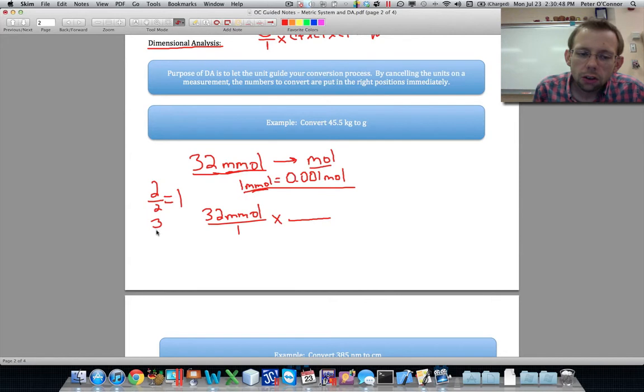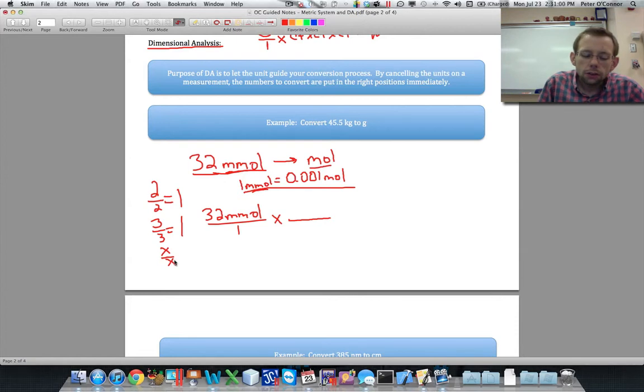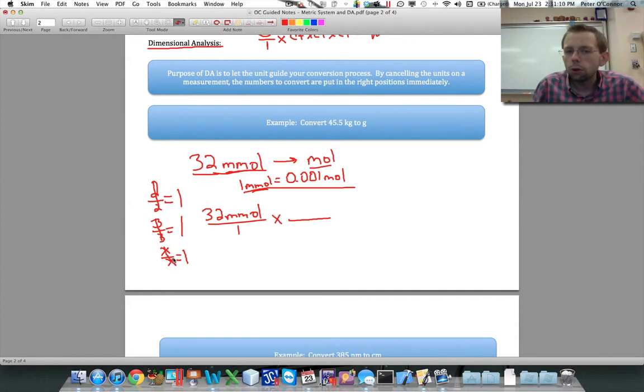What about 3 over 3? 1. Yes. What if I had x over x? It's 1. So essentially, when you put something over itself, it cancels itself out to 1. It goes away.